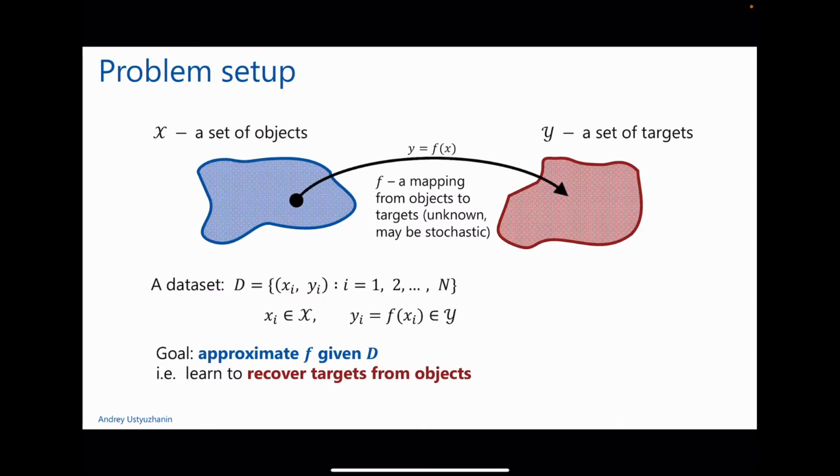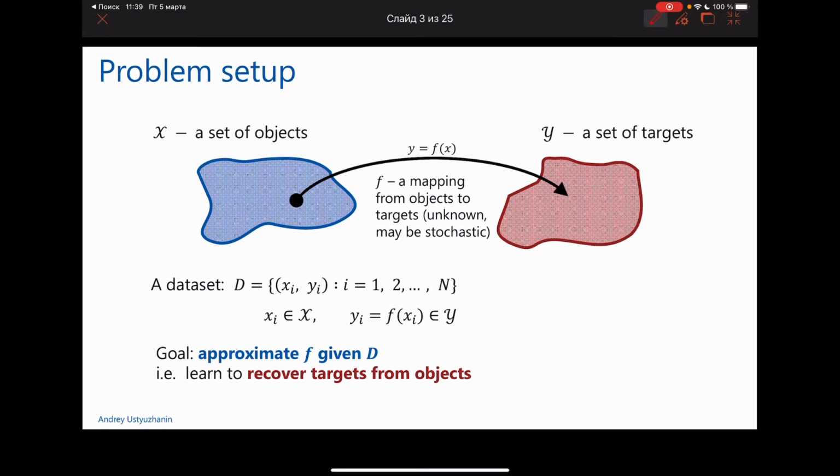So, in supervised learning, we have a set of objects that is usually denoted by the letter X, and we have a set of targets that is denoted by Y, and we imply that there is a mapping between the two sets. It is not necessarily a deterministic mapping, it could be stochastic as well, but anyway, we assume that it exists.